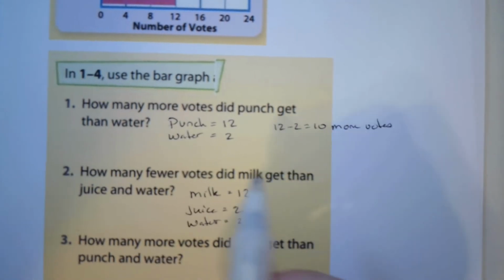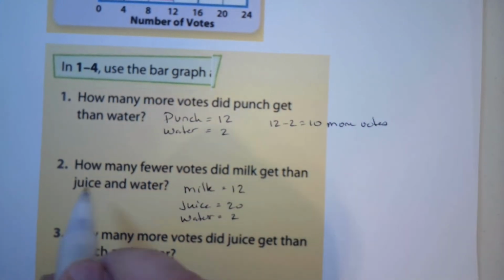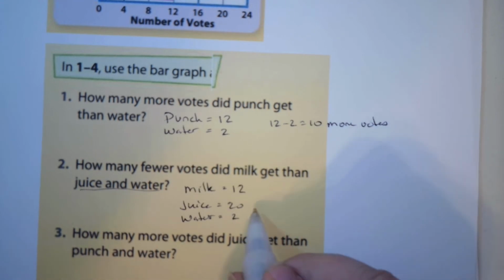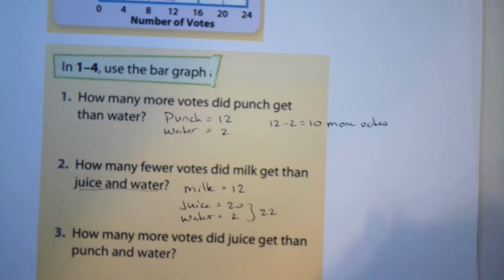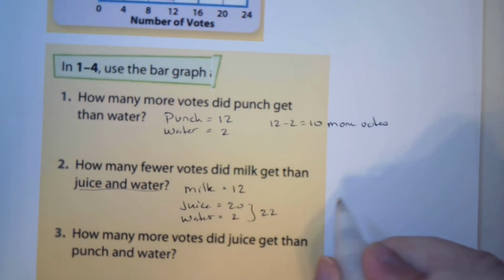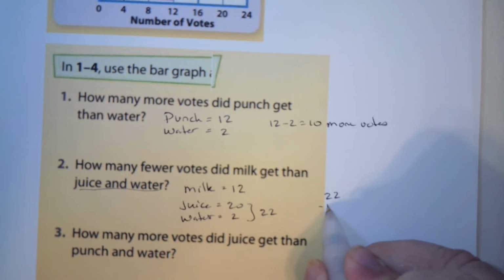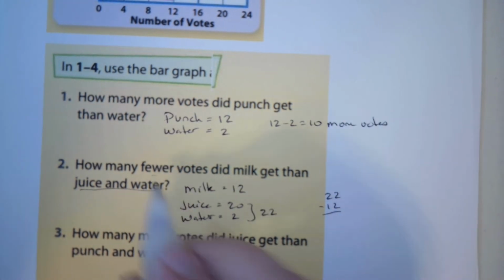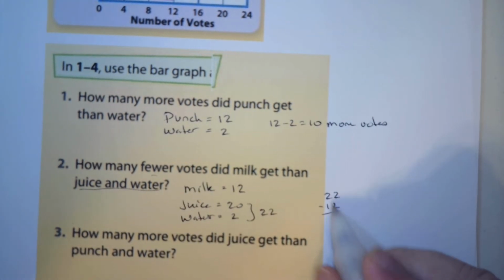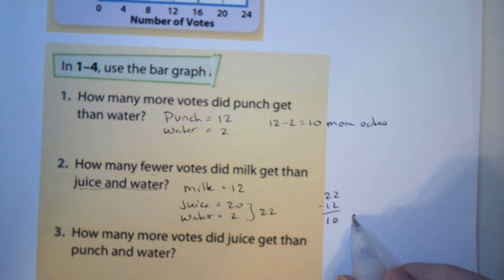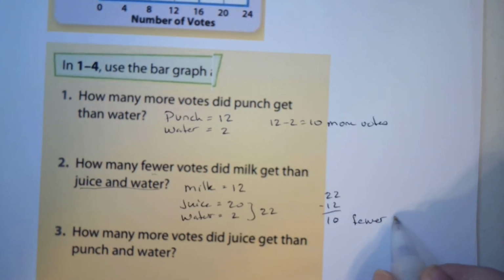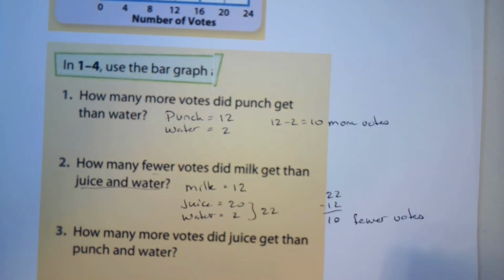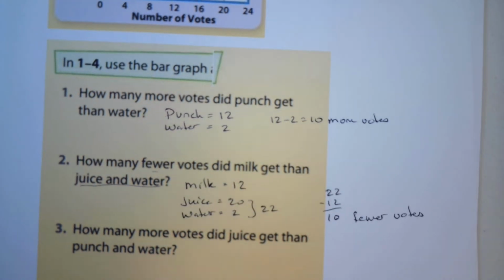Now, what this says is milk got fewer than juice and water. So together, they had 22. So 22 minus 12, it says fewer. So milk got 10 fewer votes than juice and water.